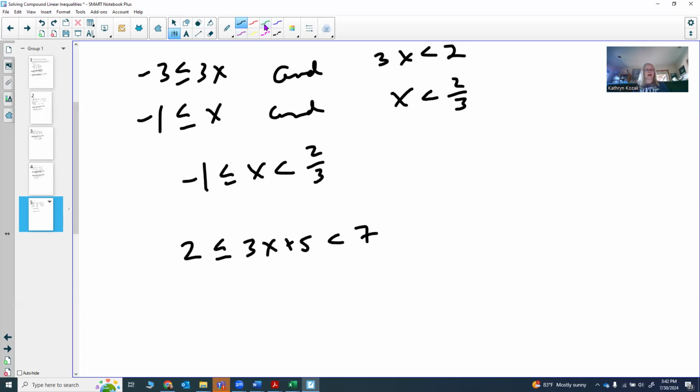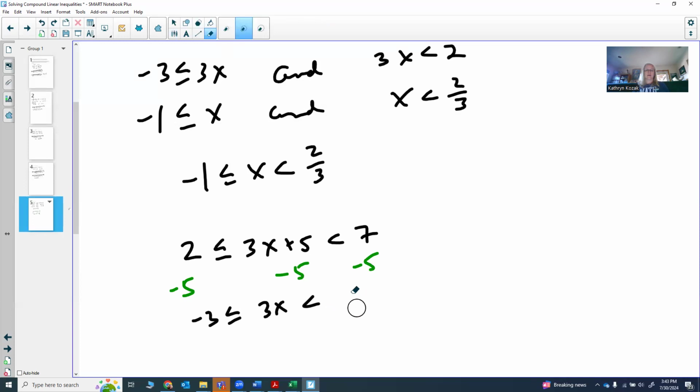Now subtract 5 from all parts, and you get negative 3 is less than or equal to 3x, which is less than 2.